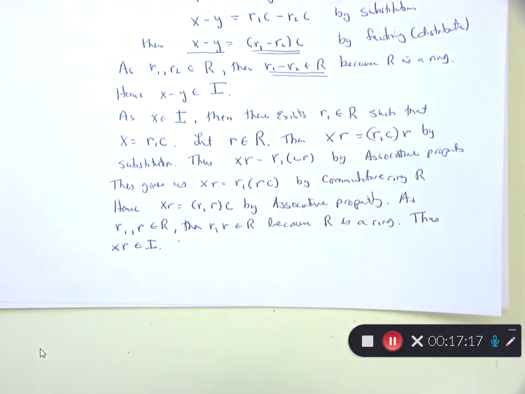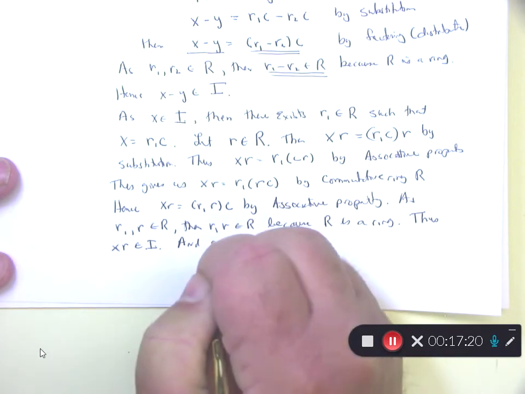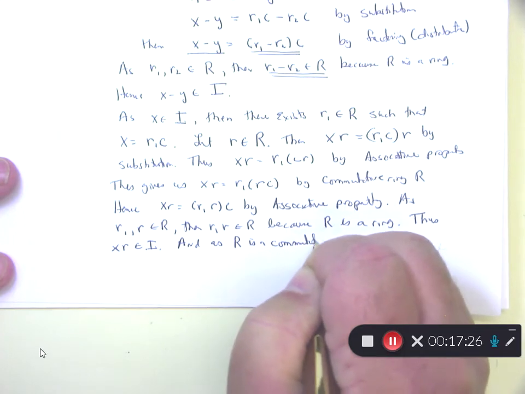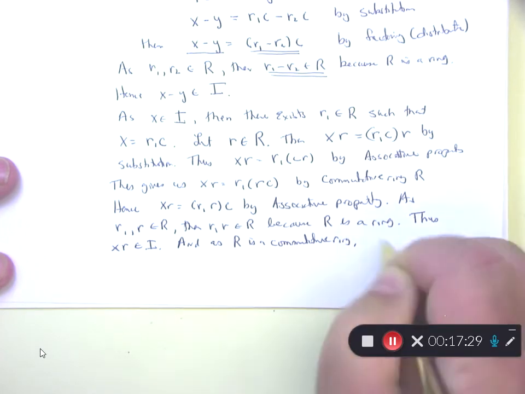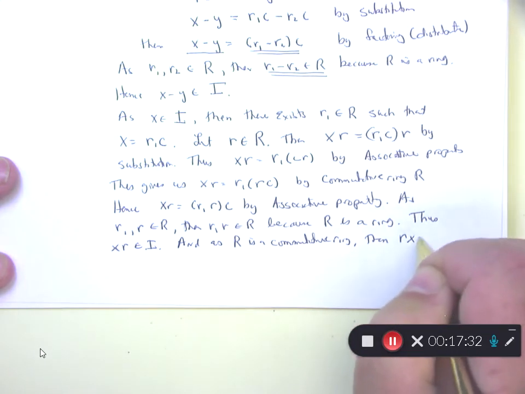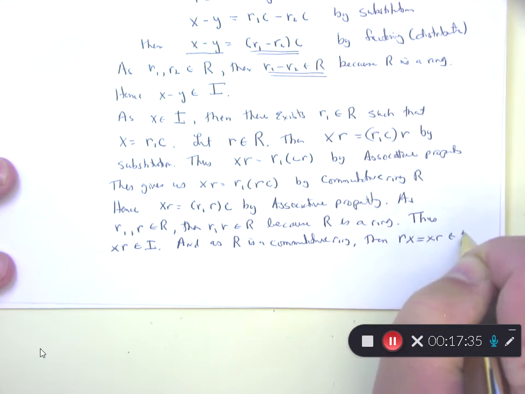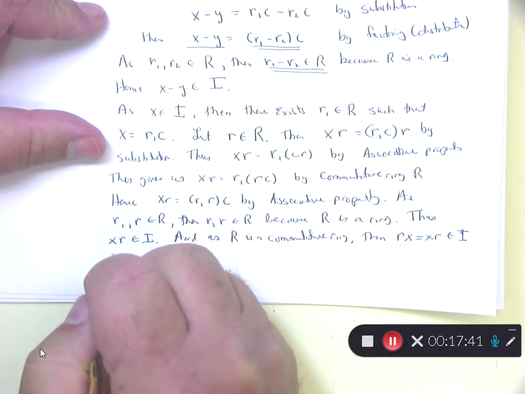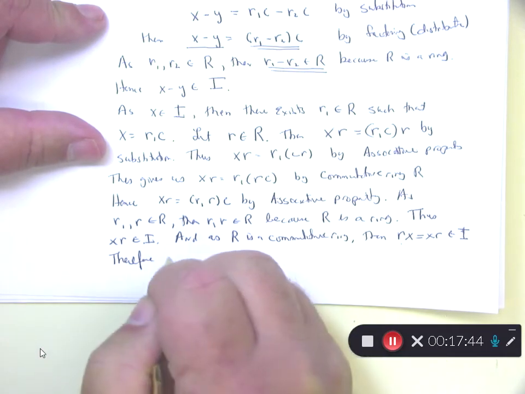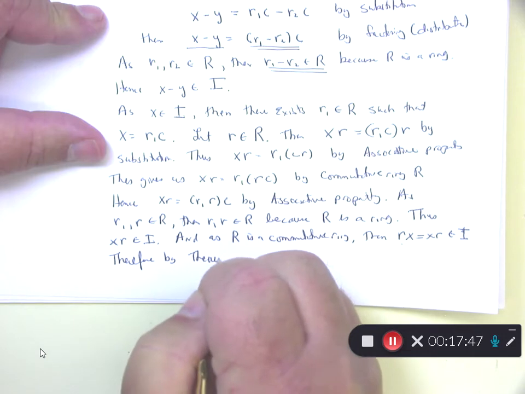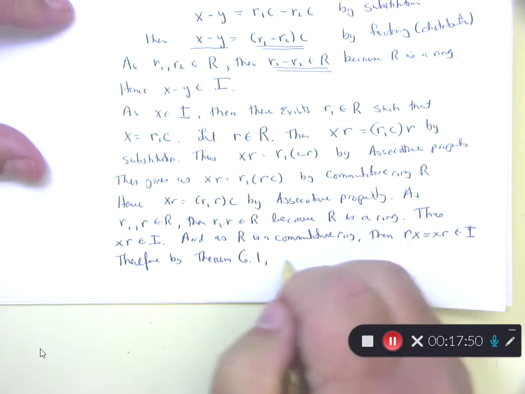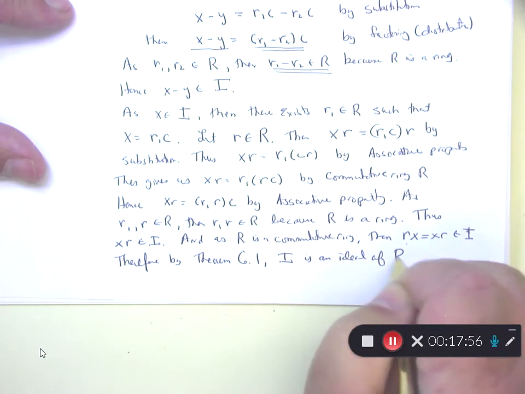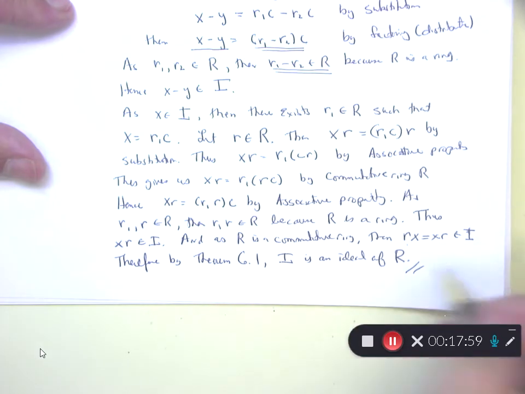But as R is a commutative ring, then r times x, which is equal to x times r, is an element of I. So I've got both of them in I. Therefore, by theorem 6.1, I is an ideal of R. You're not just an ideal, you've got to tell me what the big ring is. And I'm done.